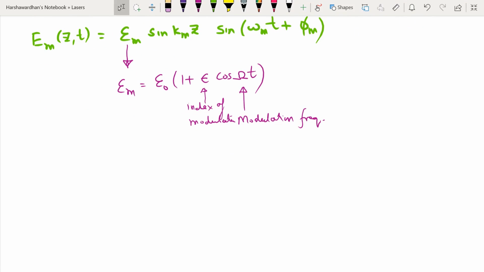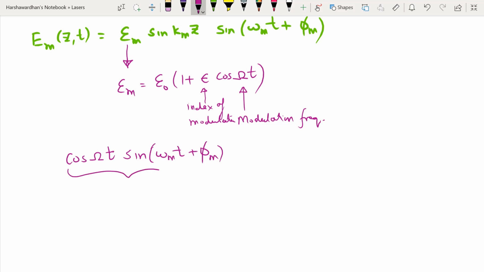So you see that if I am now analyzing the frequency components, once I plug this back into my top equation, I can analyze the frequency components of Em. So essentially what I'm analyzing is this term, which is cosine capital omega t coming from the modulation times sine omega m t plus phi m, right?